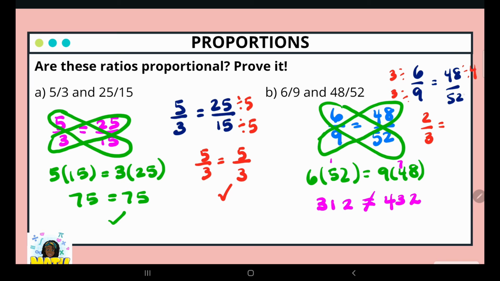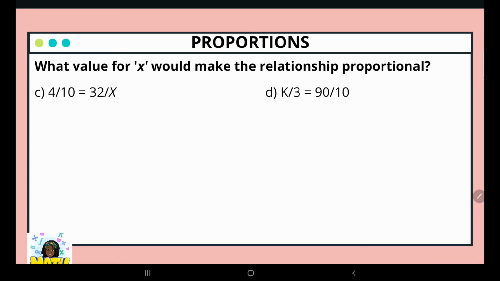So 48 divided by 4 is 12, and 52 divided by 4 is 13. So here I'm proving once again that these ratios are not equivalent because 2 over 3 is not equal to 12 over 13. So this is not proportional, and this would be our proof to show that it's not proportional.